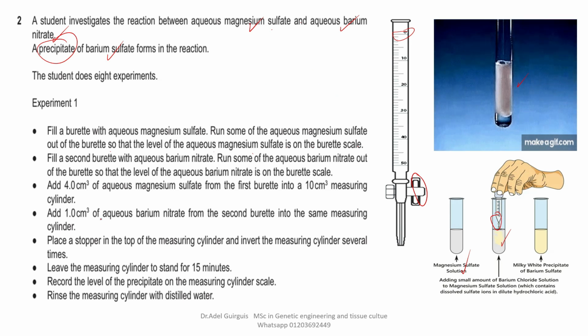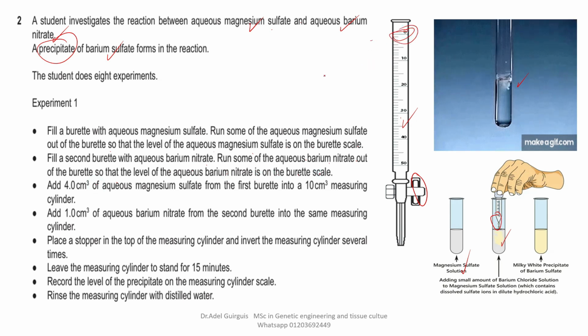Now fill a second burette with aqueous barium nitrate, one burette for magnesium sulfate and another for barium nitrate. Run some of the aqueous barium nitrate out so that its level is on the burette scale at 0 from the top.